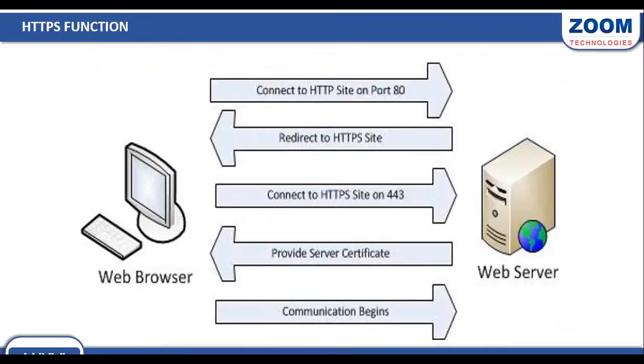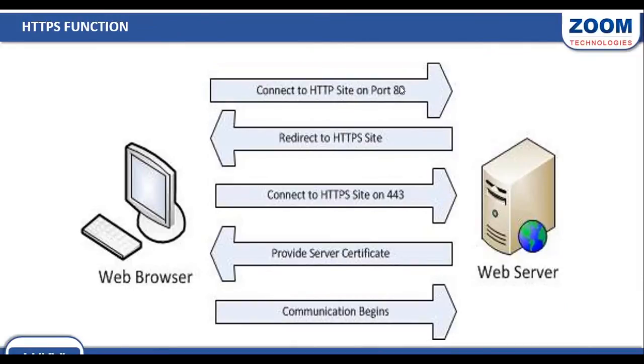Here we have one web server, and also one web browser. The web browser is nothing but the web browser client. My client makes a request with HTTP. HTTP works on which port number? 80.